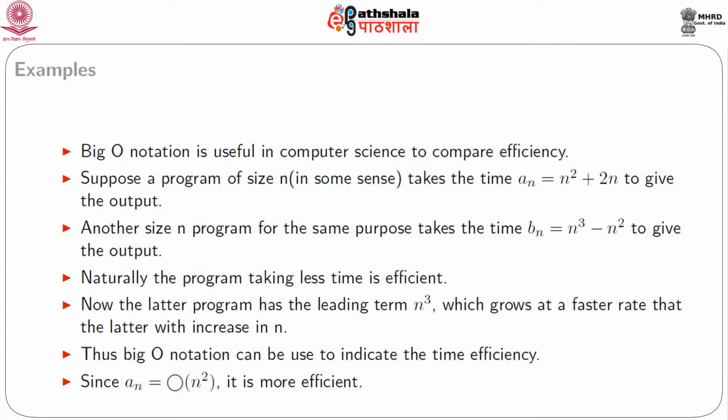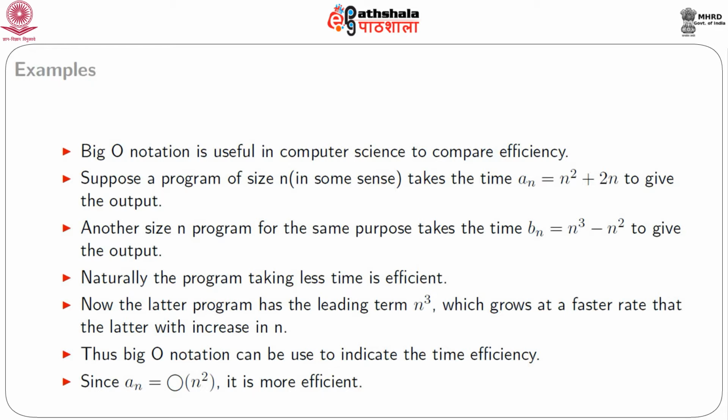Actually, big O notation is useful in computer science to compare efficiency. Suppose we have a program of size n, where the size is defined in some related sense of computer programming, and the program of size n takes the time a_n, which equals n square plus 2n, to give the output. Another size n program for the same purpose takes the time b_n equal to n cube minus n square to give the output.